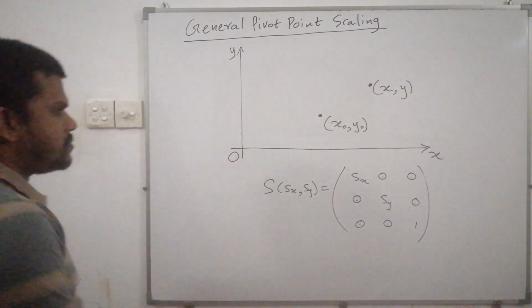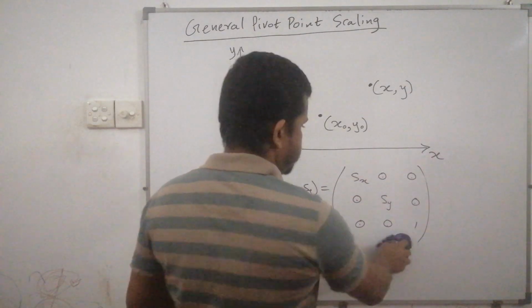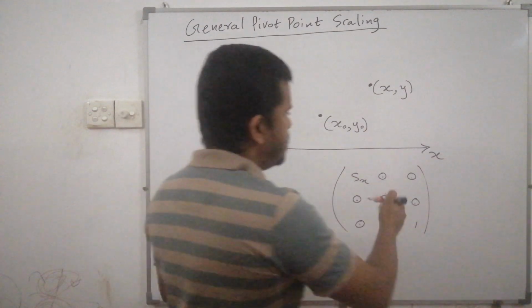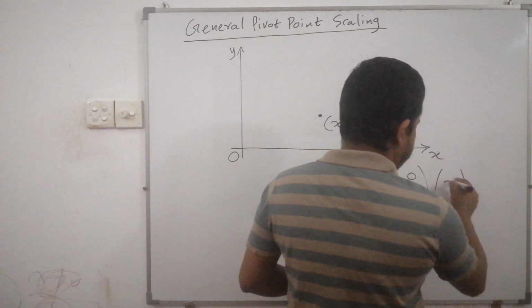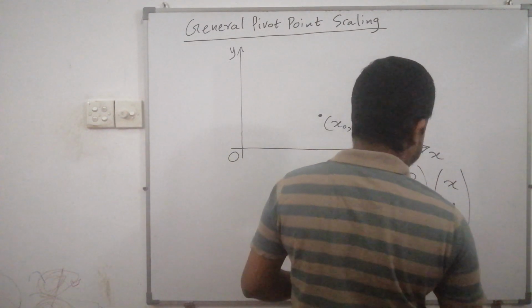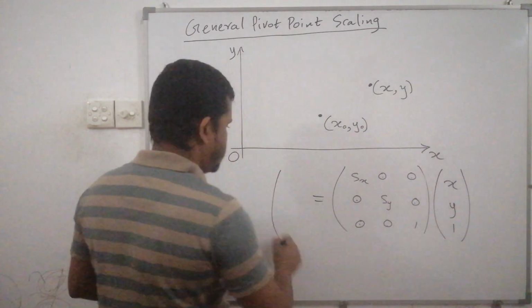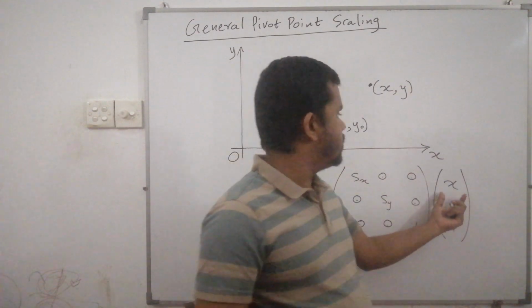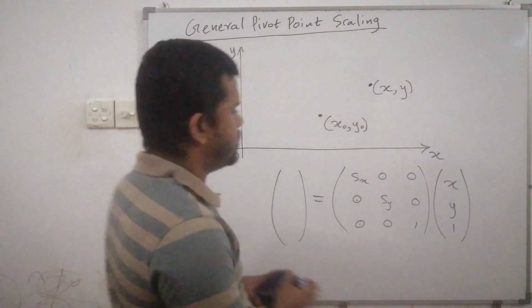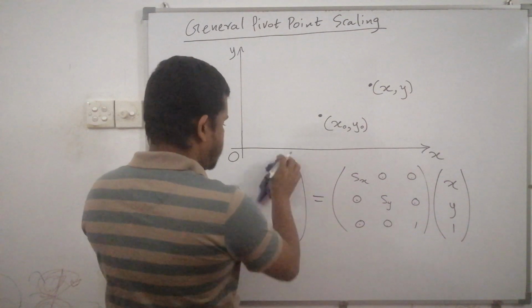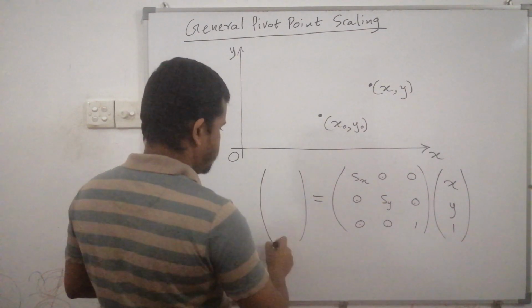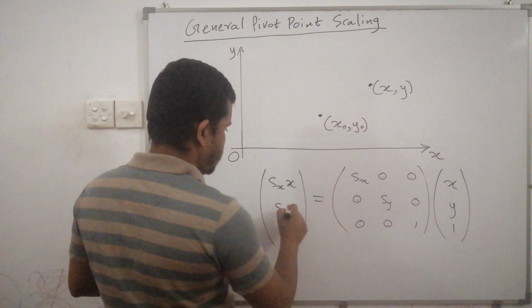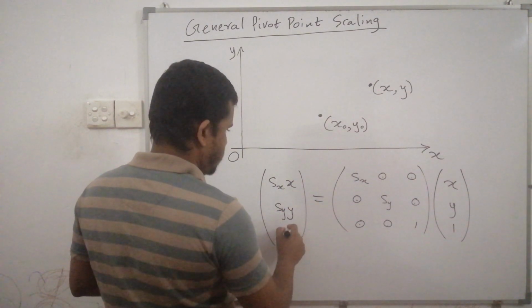So if we apply this to a matrix that represents a point, now we will get Sx x, Sy y, 1.